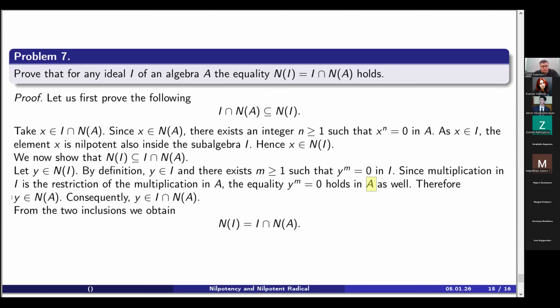Therefore, y is in N_A. Consequently, y is in I intersection N_A. From the two inclusions we obtain the following.